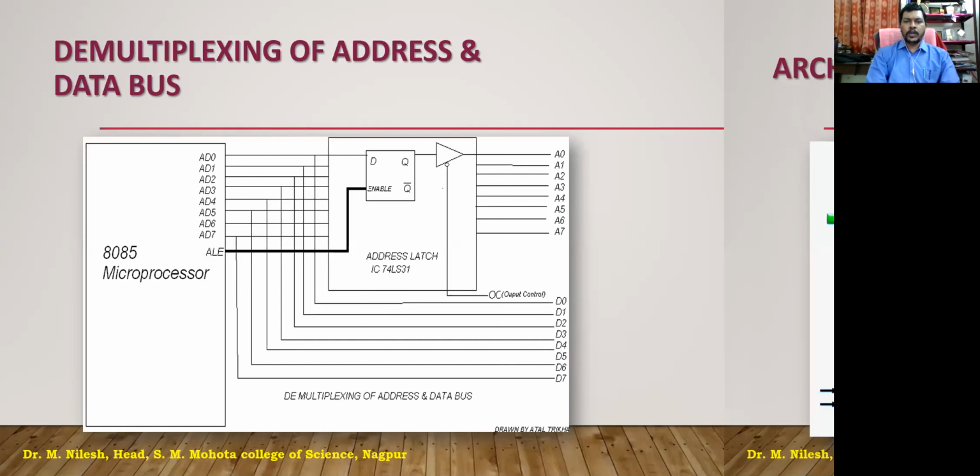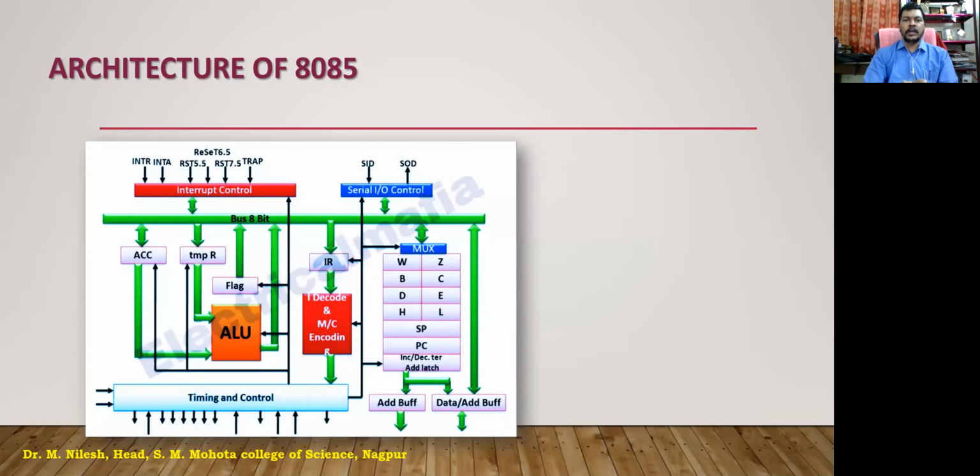Then the next one, which is very, very important, is the architecture of 8085. Now, what is inside the 8085 IC?